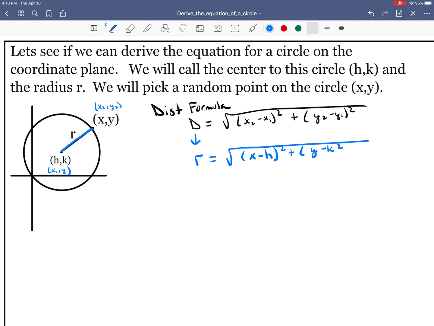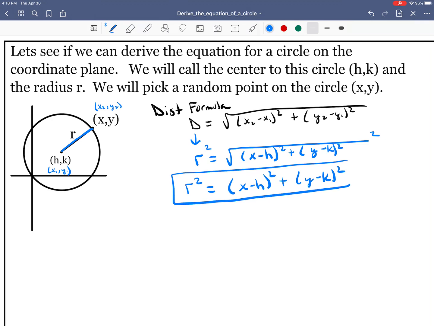Now we're really close to the equation for a circle. See how I've got a square root? If I square both sides, then I get radius squared is equal to x minus h squared plus y minus k squared. And that is the equation for a circle.